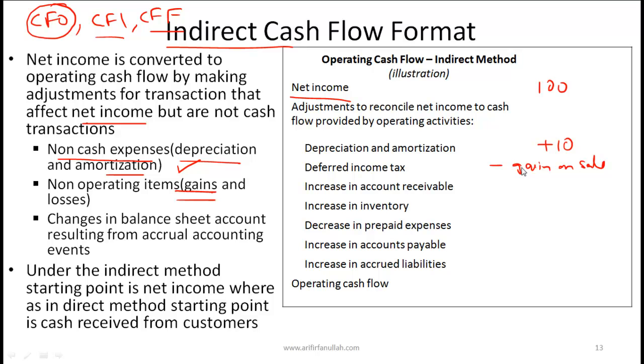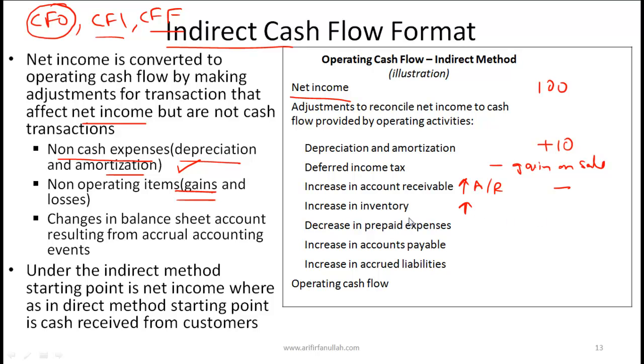That will be considered in investing cash flow. And like you've learned before, if there's an increase in accounts receivable, that needs to be adjusted. An increase in accounts receivable means that it is a use of cash. So any increase in accounts receivable would be subtracted.